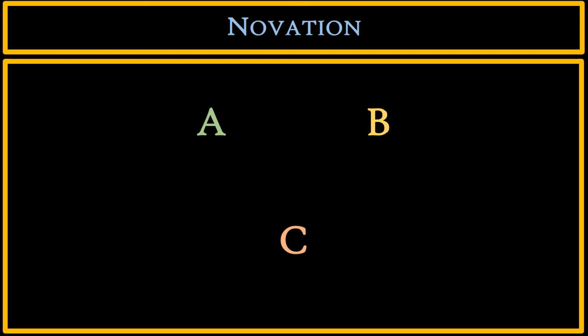So to accomplish a novation, it's very simple. You just need all three parties to agree that that's what they want to happen. Not very difficult.